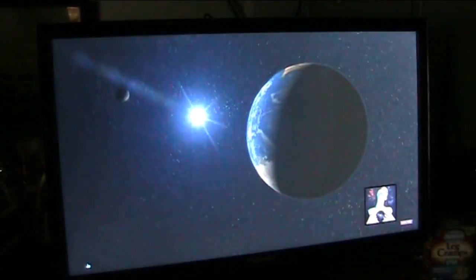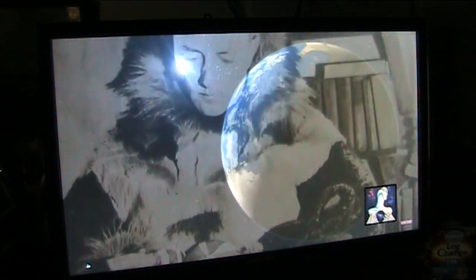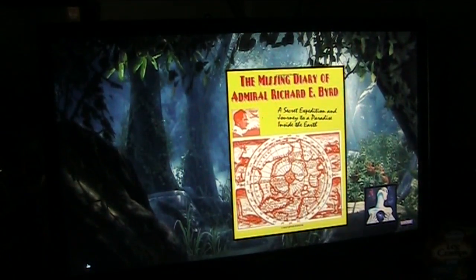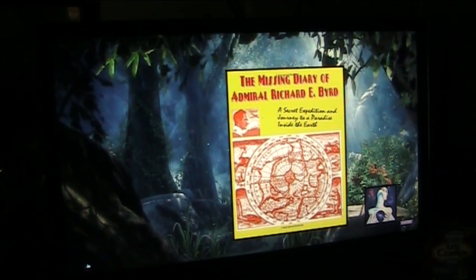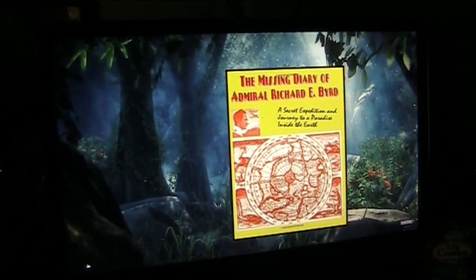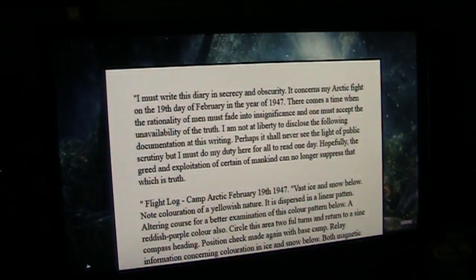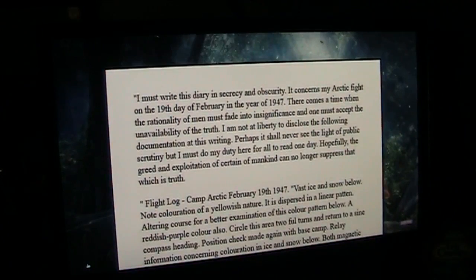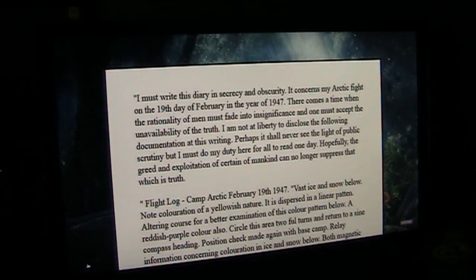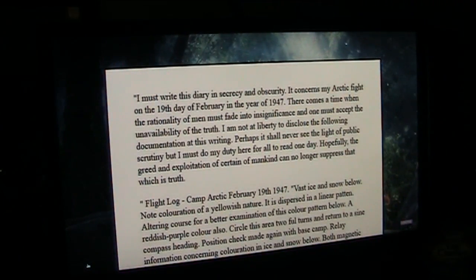This is where Byrd's posthumous diary comes in. Though he remained faithfully silent, albeit mysterious, shortly after his death, his son published his diary to reveal a very different account than what the public had been told. It started like this. I must write this diary in secrecy and obscurity. It concerns my Arctic flight on the 19th day of February in the year of 1947.